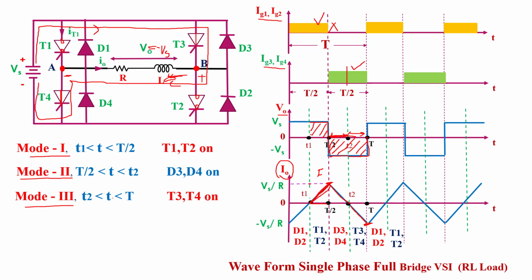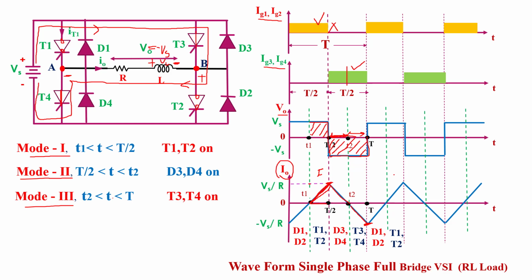And we also know that either in reverse direction or forward direction, when current flows across the inductor, it stores some energy. So the self-induced voltage across the inductor this time is VL, and the polarity is opposite, this terminal positive and this negative, because the inductor stored energy in the reverse direction of current flow.